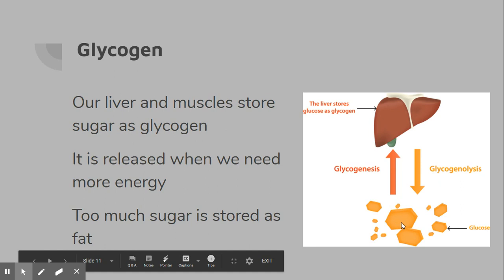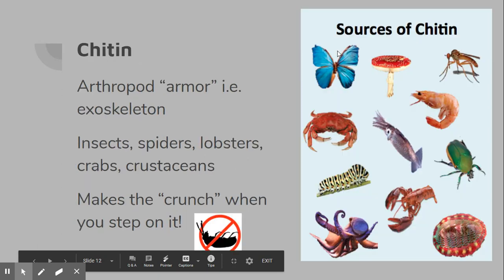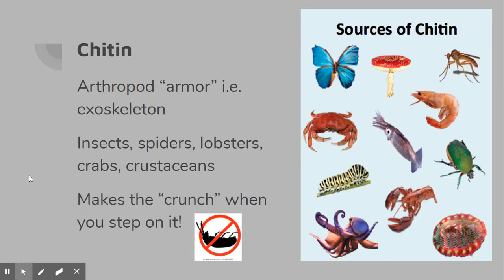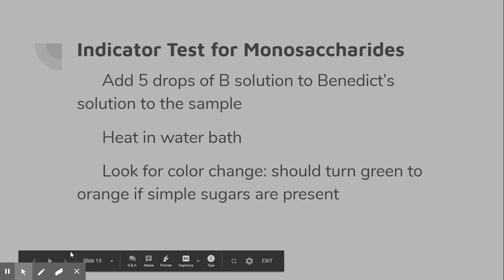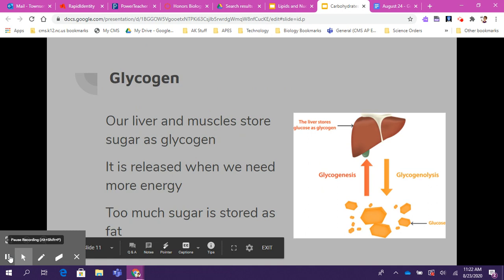When we have too much sugar in our bloodstream, we can store it through glycogenesis into our liver. And if we get even too much of that, our bodies will move that glucose out of our liver and it'll be stored as fat.